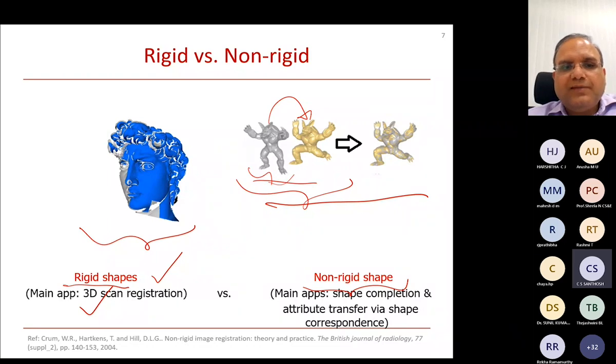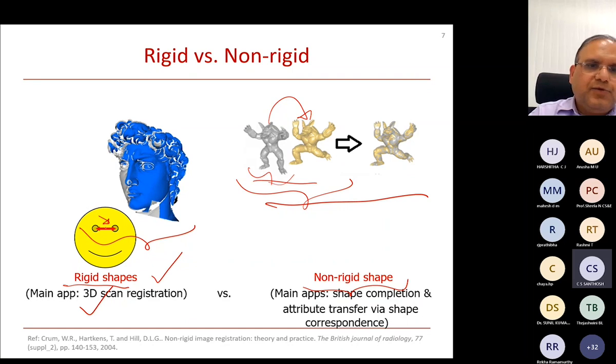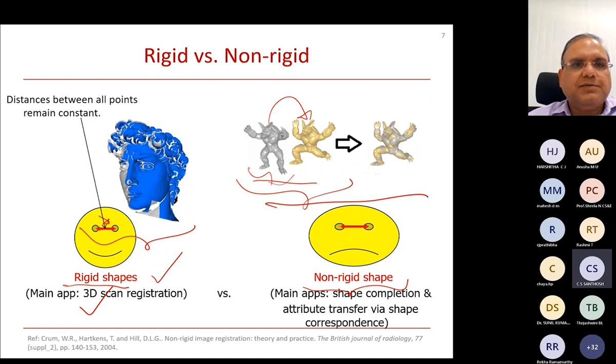We are going to assume that the shapes we are matching are rigid. They cannot be deformed. Okay. So the relative distance between two points in these samples will remain the same when you are performing the registration. But in the other case, it can change. Okay.